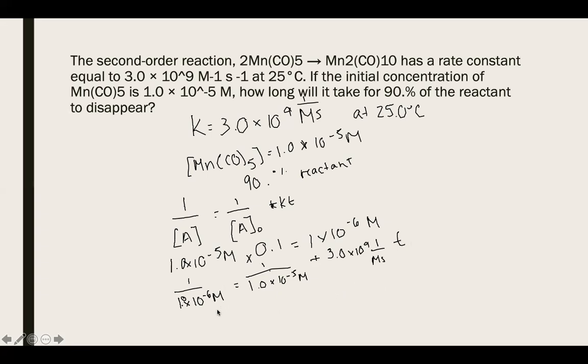So now we can take 1 over 1 times 10 to the negative fifth and subtract that over to the other side.